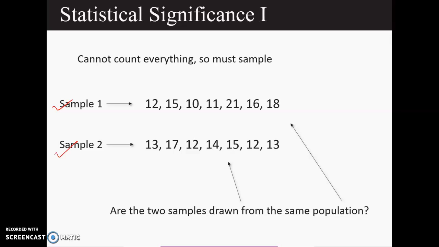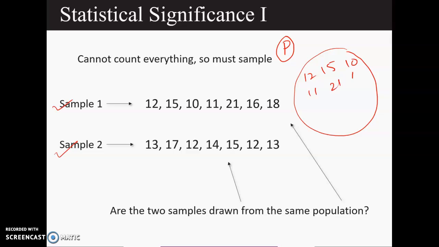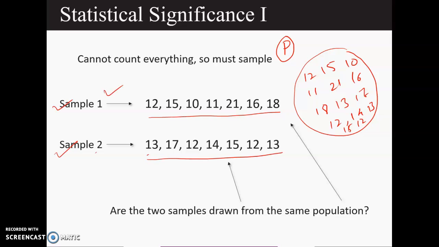These 2 samples have been drawn from population P. Suppose P is my population, and it has these values: 12, 15, 10, 11, 21, 16, 18, 13, 17, 12, 14, 15, 12, 13. These are the values taken for sample 1 and these are the values taken for sample 2.